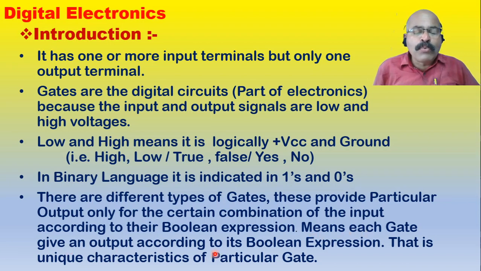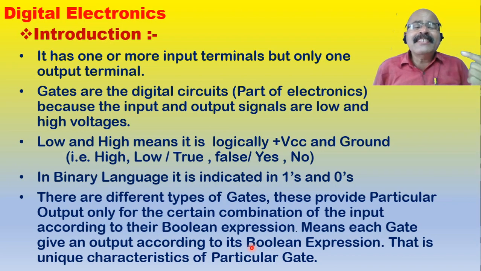Each gate gives an output according to its Boolean expression. Each gate is specified by one particular Boolean expression. Consider the OR gate. The OR gate is used for logical addition. The gate which is used to perform addition is known as the OR gate.